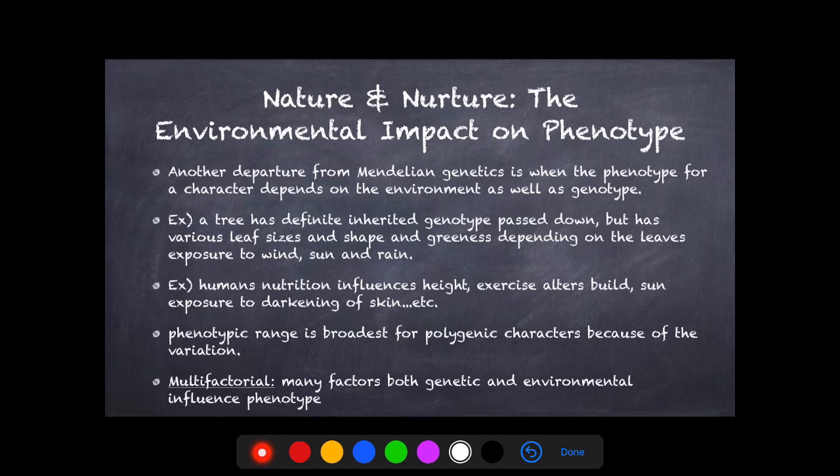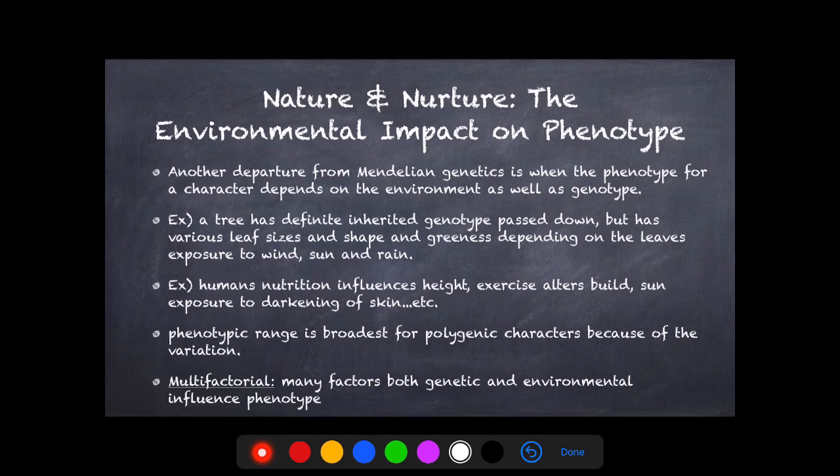Same thing with humans, right? Even though you might have maybe obesity in your family, or you don't have obesity in your family, right? Even though that's kind of a bad example, if you have siblings, you could look different from your siblings because maybe you're eating something different that's causing you to grow a lot faster than the other ones, or you could be exercising more so that you're building more muscle than your other siblings, or you are outside more and so you're getting more exposure to the sun, so your skin's a little bit darker than your siblings.